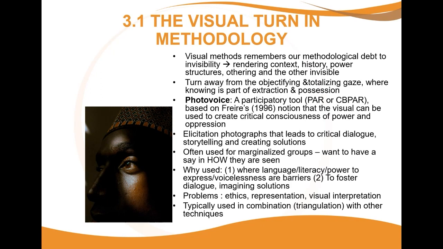So the turn to the visual in methodology turns away from the objectification and the totalizing gaze, where we just had this God's eye view on the objective social world without taking all these other things into account, and where knowing was part of extraction and possession. In other words, I extract this knowledge from the field or from people or from the soil or from the area, and I possess it as my data, and there it ends. So it's this turn in methodology to say those things were problematic and how we can do that.